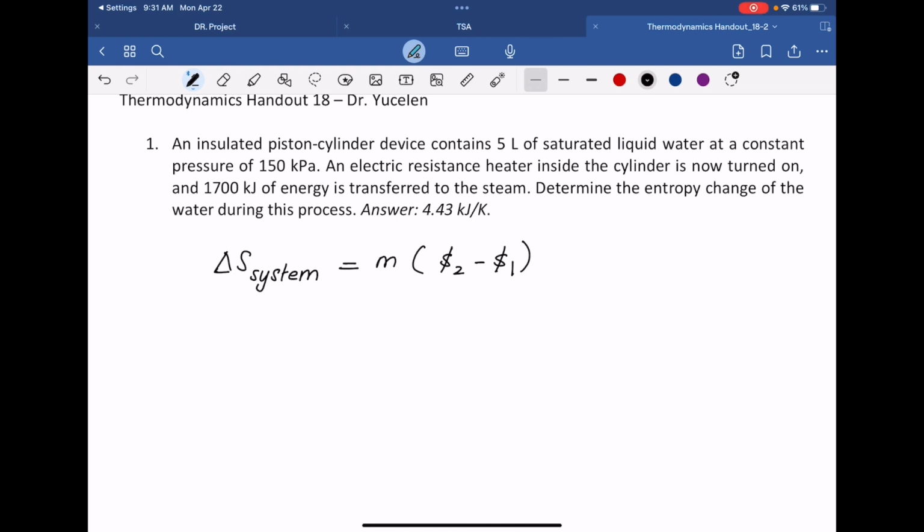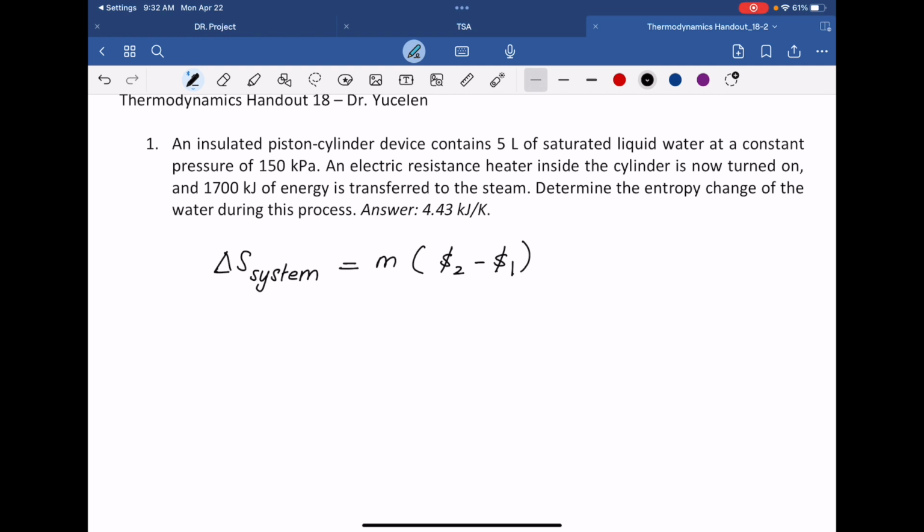So entropy, just like other properties of a system, like internal energy or specific volume, can be found from the tables, and it will change from one state to another depending on the energy interactions.